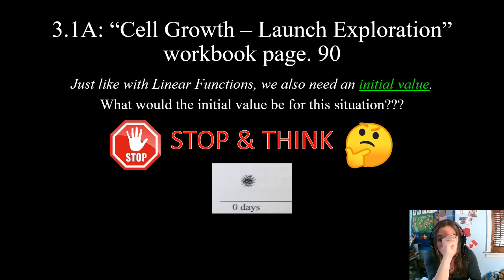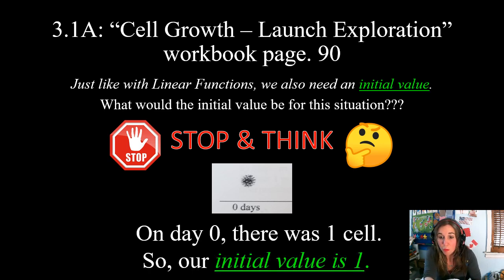Well, when no time has gone by with our bacteria cells, we have just the 1 cell that we started with. They haven't started splitting yet. Before time starts going by, we just have the 1 bacteria cell. So our initial value is indeed 1 cell. On day 0, when 0 days have gone by, there was just 1 cell. So for this exponential function, our initial value is 1.